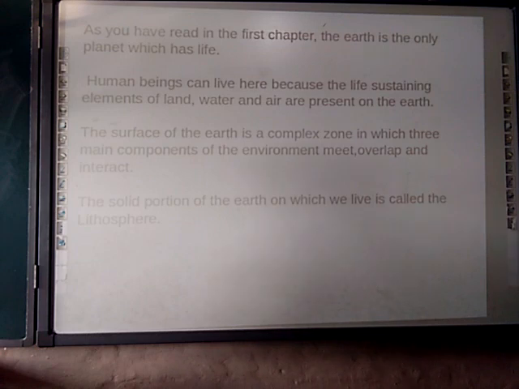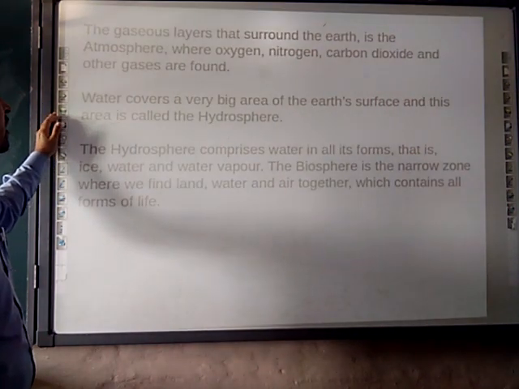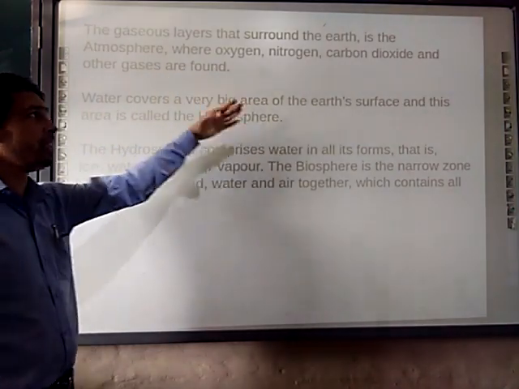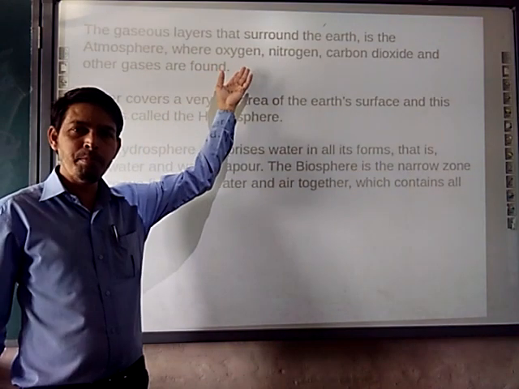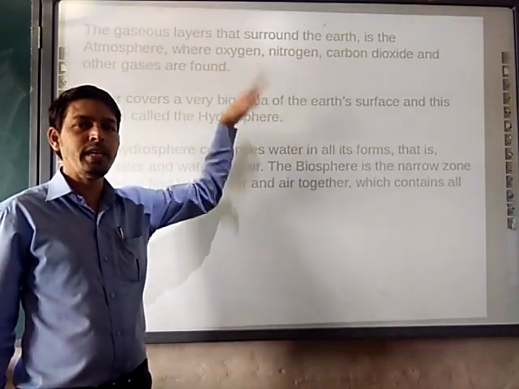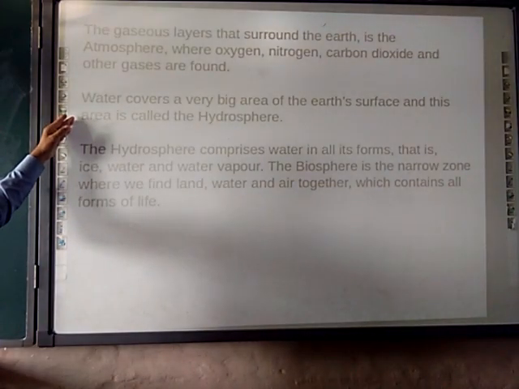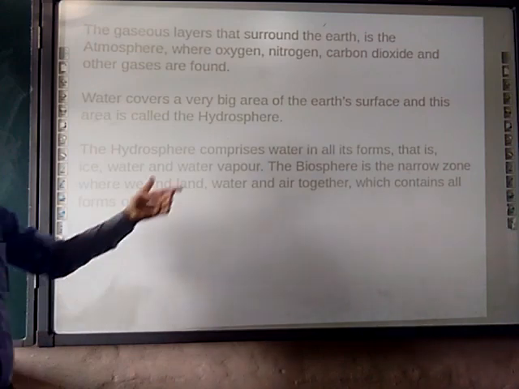Next, the gaseous layer that surrounds the earth is the atmosphere, where oxygen, nitrogen, carbon dioxide, and other gases are found. We are going to see the composition of this atmosphere in the upcoming slides. Next, water covers a very big area of the earth's surface, and this area is called hydrosphere.